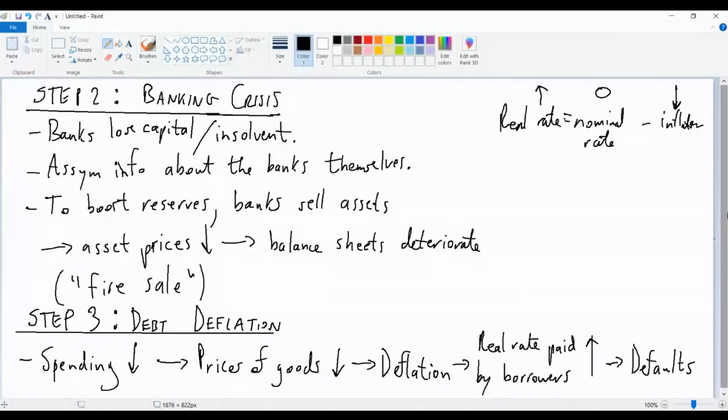When it does so, the prices of goods and services go down. It makes the rates paid by borrowers go up, so it makes the real cost of outstanding debt go up, and that leads to defaults on just any loan, basically, because any borrowing contract that pre-existed the deflation is going to be affected by this.